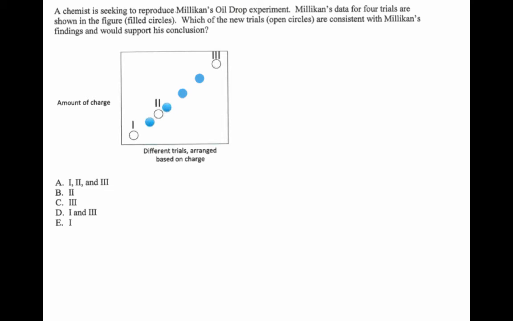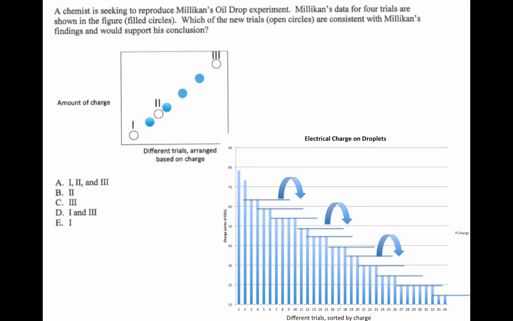Now, in order to answer this one, we have to know how he analyzed his data. What Millikan did is he had many different trials, shown here sorted by the amount of charge on the particular droplets, and he found that when he grouped them this way, there was a sort of a staircase as the incremental change from one group to the next seemed about the same difference time and again.